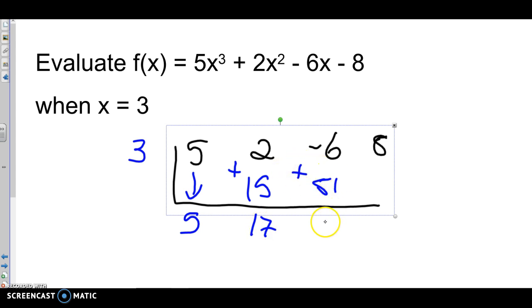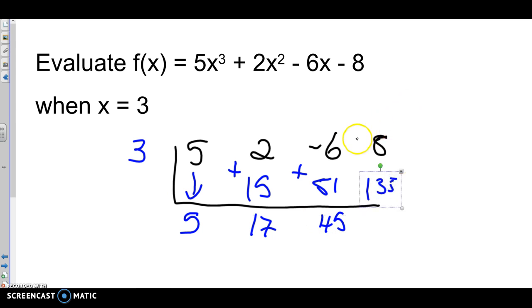Then I'm going to add. Then I'm going to multiply 45 times 3, which is 135. That should be -8, sorry. And when I add 135 and -8, I get 127. That is my answer. If I put 3 in here, here, and here, and did all the math out, I'd get 127. Or the synthetic substitution method gets me 127.